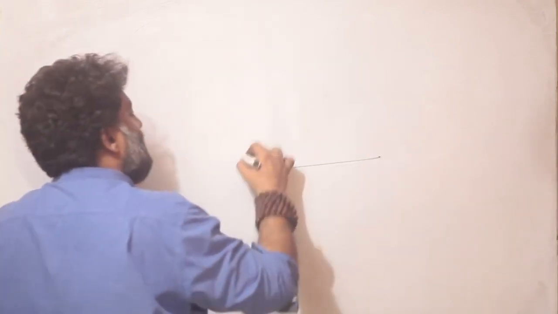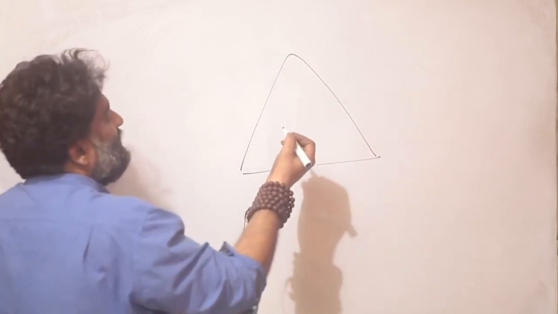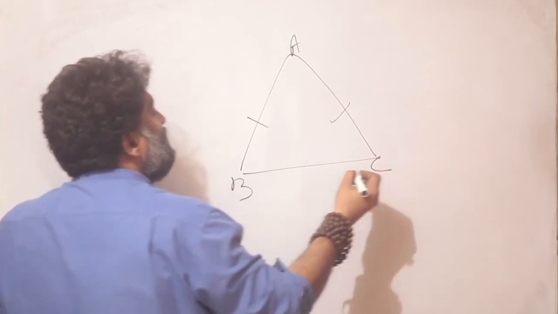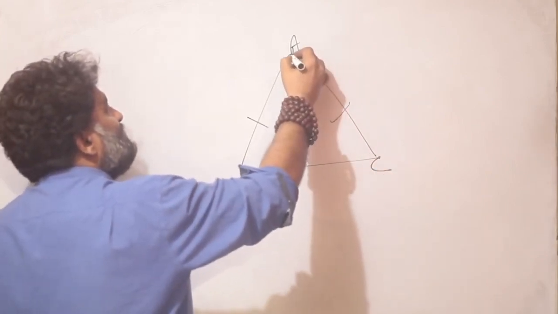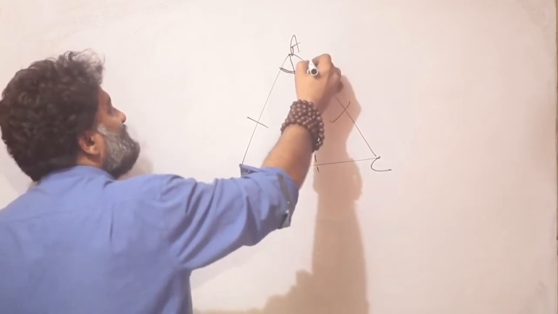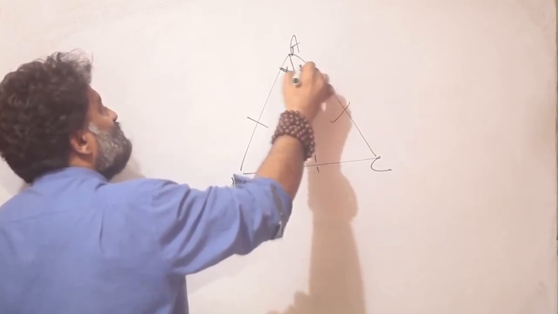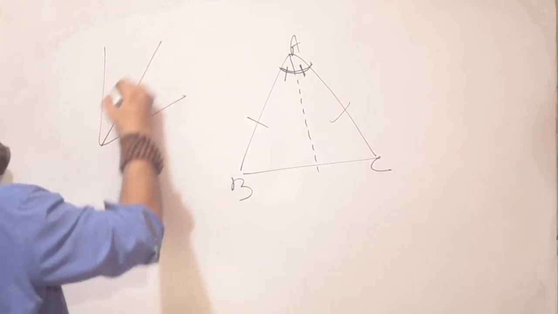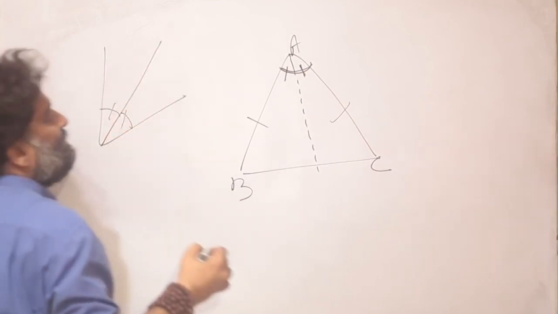Playing with the same isosceles triangle application, these two sides are equal to each other, and this time what I'll do is I will draw an angle bisector. That means whatever this angle was, divided into two equal parts. What is an angle bisector? You divide the angle into two equal halves.